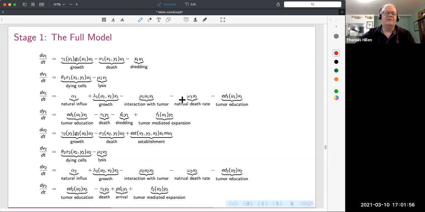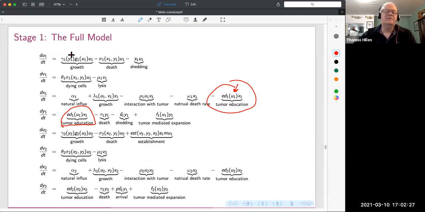I'm definitely not going to go through all these terms one by one, but maybe I show you one term here, the education term. The X_i are the cytotoxic immune cells, and by the presence of the tumor, which is U, they are educated and become tumor-educated cells. So the Y is right here. And then of course the question is, how do you model this education rate?